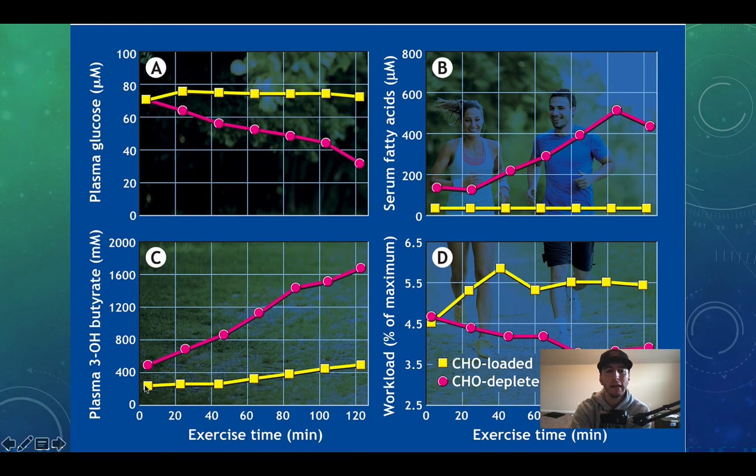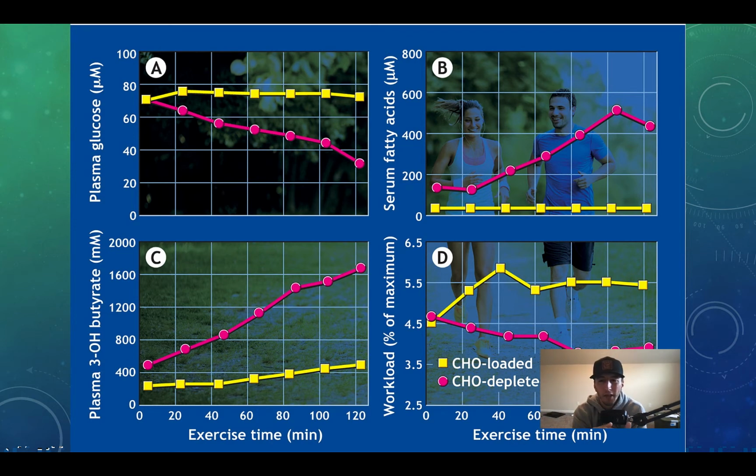If you look, you can see that this yellow line really stays relatively flat until about 60 to 80 minutes into the activity bout. Whereas in the individual that's carbohydrate depleted, from onset of exercise, we have a linear increase in the amount of fat that's being burned. We're trying to continually increase the amount of fat that's being burned so that we can maintain the energy output.